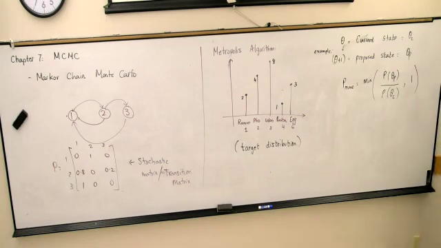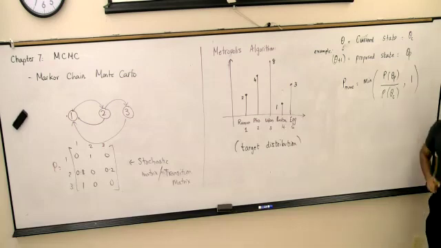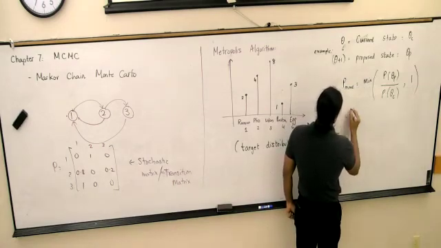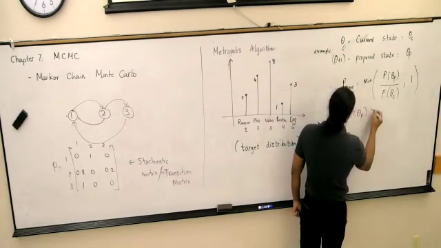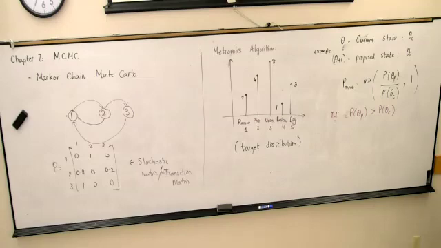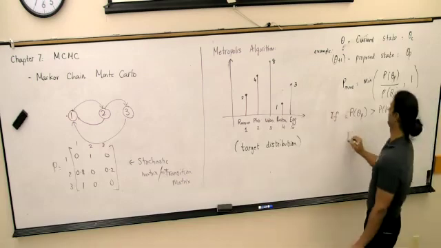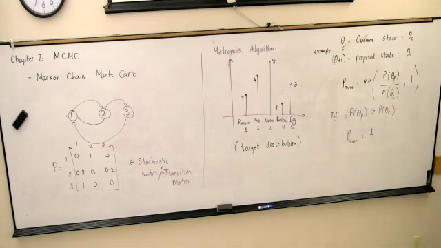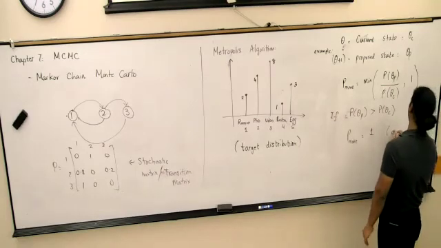So if P of theta p is greater than P of theta c, what would the move probability be? 1. So if it is 1, then what are you trying to say? You will definitely move. This is a definite move.